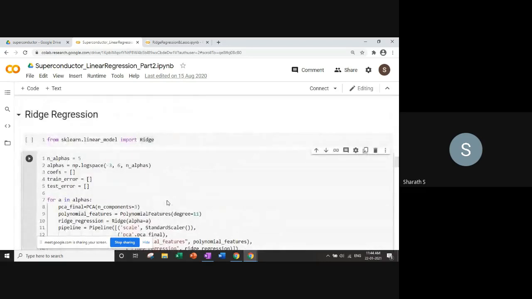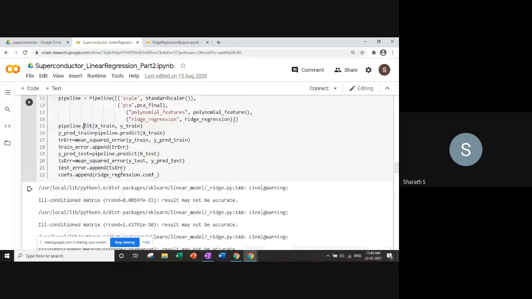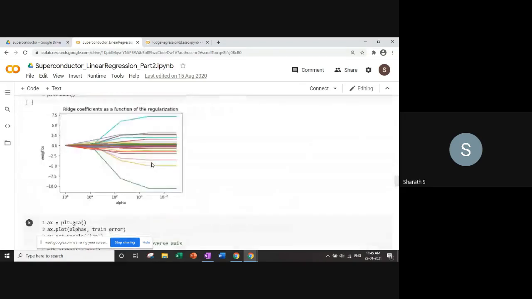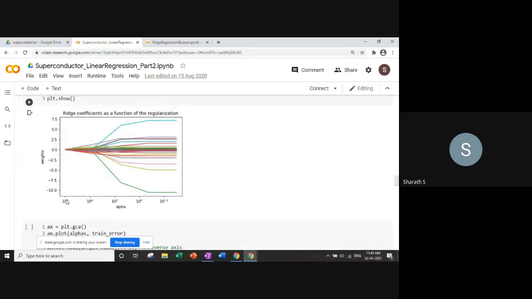So this is log space. What it is trying to do is 10 raised to -3 to 10 raised to 6. So that is how alpha is varying. 10 raised to -3 is 0.001, so that is a very low value, going to a very high value of 10 raised to 6.